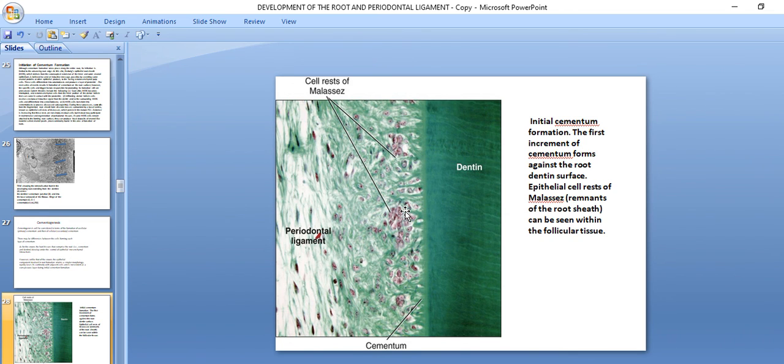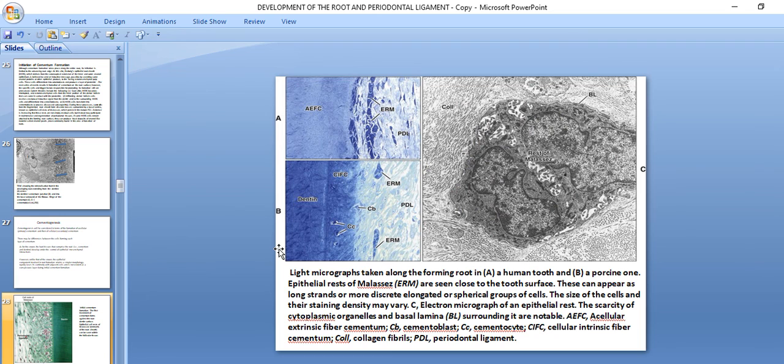As yet, it is not known what influences initiation of the differentiation of dental follicle cells into cementoblasts. There is also debate about whether any cells of the Hertwig epithelial root sheath become cementoblasts. If so, this would necessitate an epithelial mesenchymal transformation.